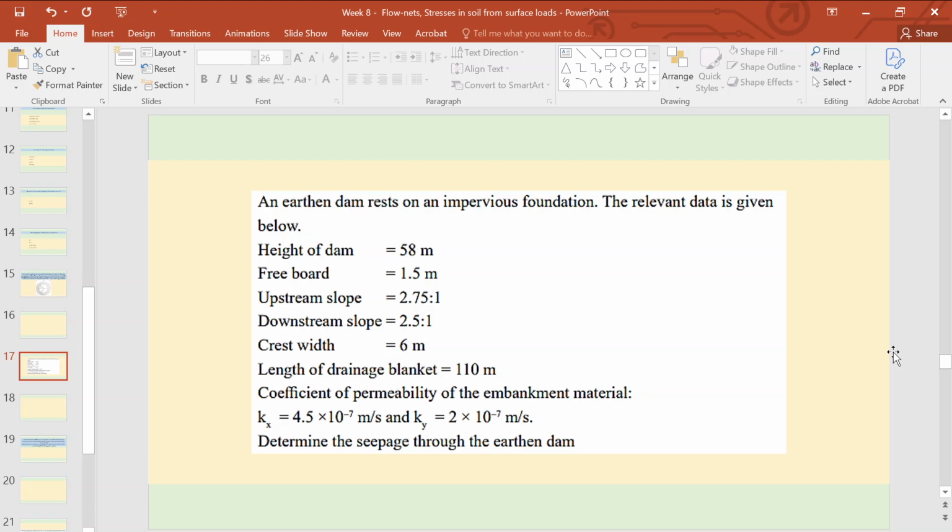Crest width is 6 meter, length of the drainage blanket is 110 meter. The coefficient of permeability of the embankment material in the x direction, kx equals to 4.5 into 10 to the power minus 7 meter per second, and ky equals to 2 into 10 to the power minus 7 meter per second. Determine the seepage through the earthen dam.